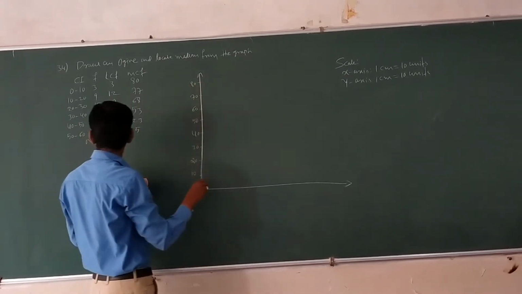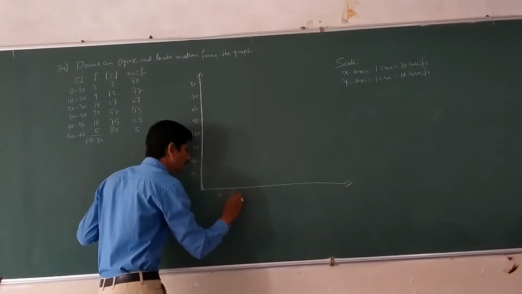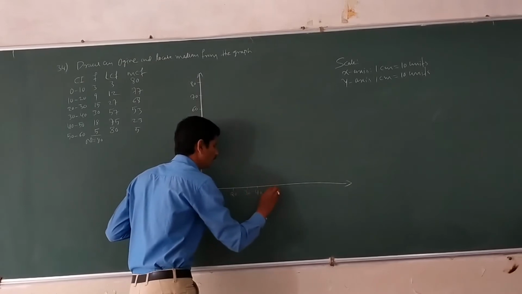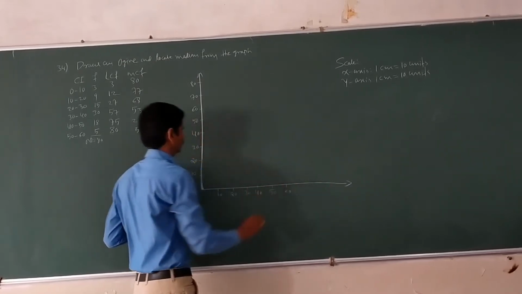Next, the x-axis: 10 to 60, that is 10, 20, 30, 40, 50, and 60.